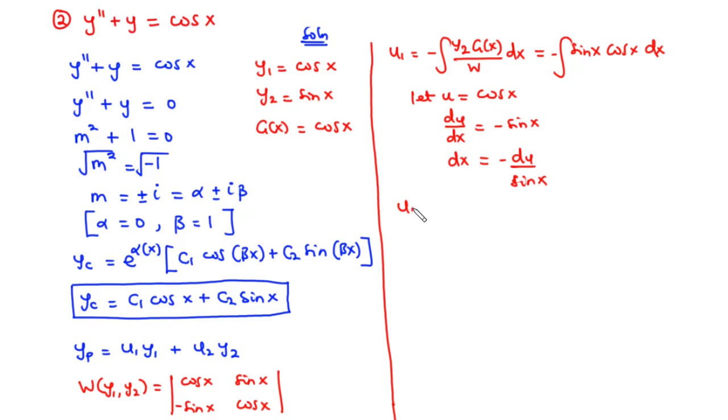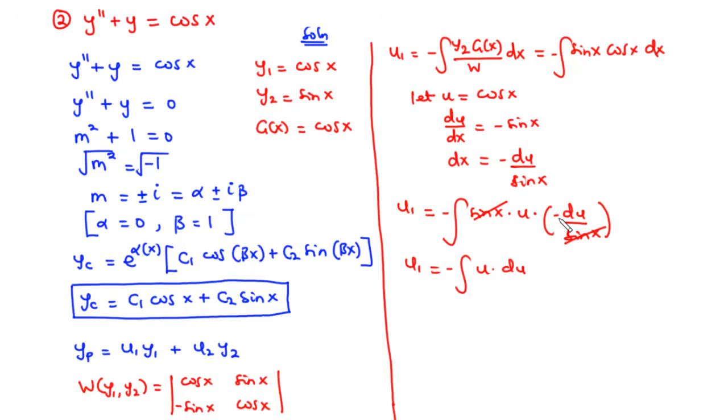So we have u1 equals negative the integral of sin x times cos x, which is u, so times u, and then times dx, which is negative du over sin x. So sin x cancels out sin x. We are left with u1 equals negative the integral of u du.